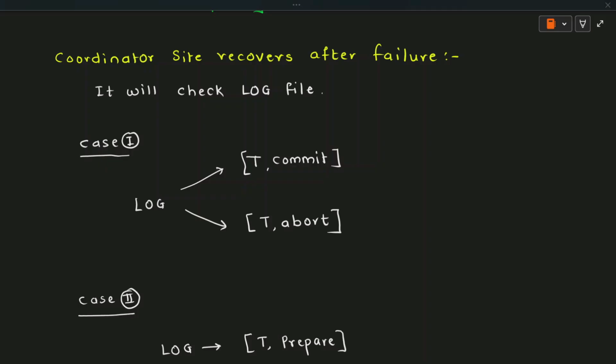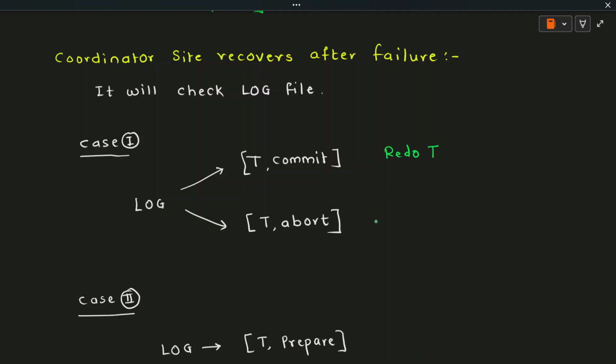Now consider that the coordinator site recovers from the failure. When the coordinator site recovers, it will check its log file. In case 1, the log file will contain either commit or abort entries. If the log file contains commit, then a redo message will be sent by the coordinator to the participating sites.